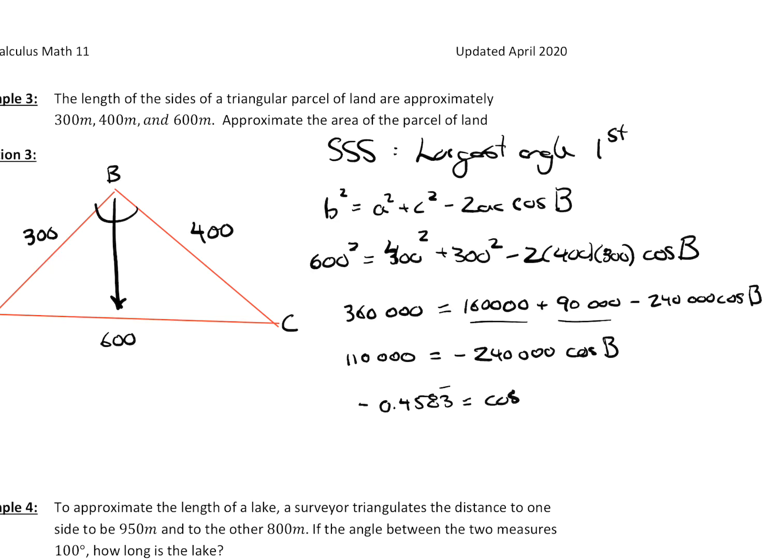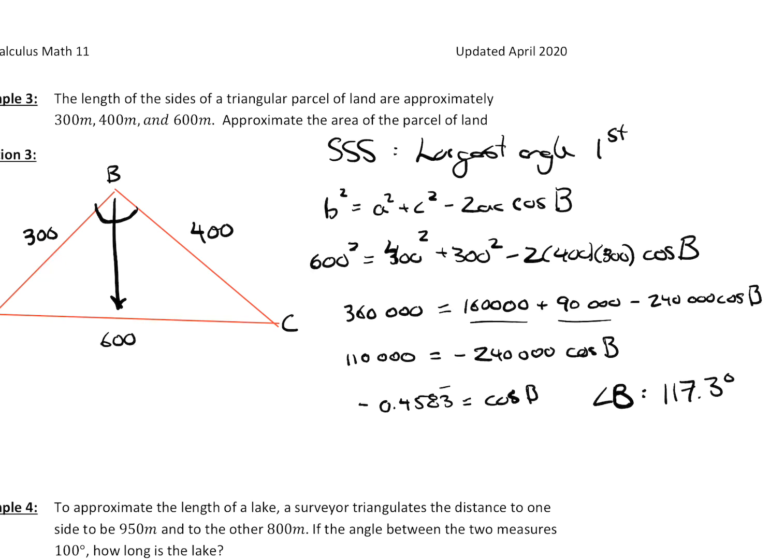That equals cos B. So inverse cos, and we get that angle B is equal to, bear with me for just a moment, grab my calculator. Angle B is equal to 117.3 degrees.